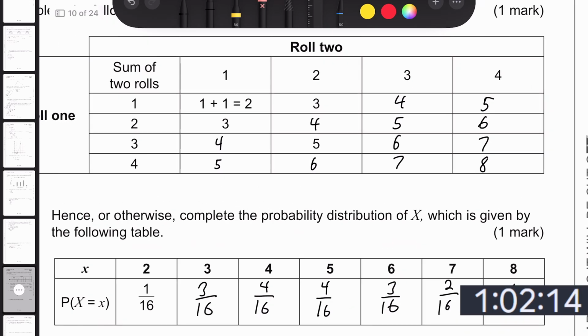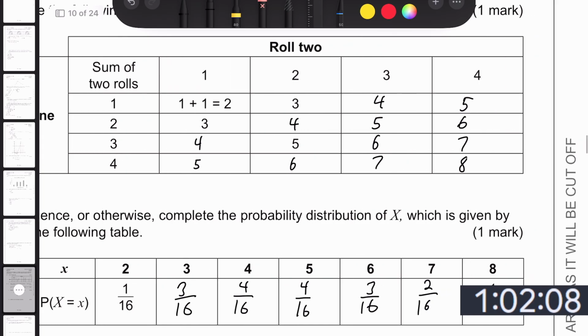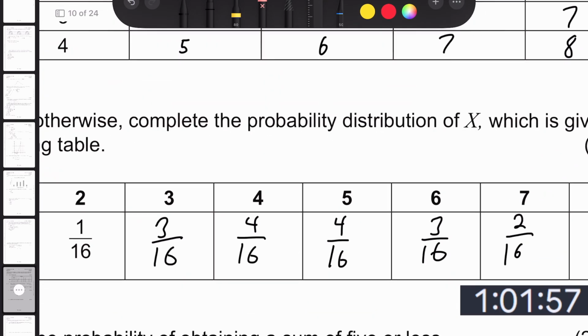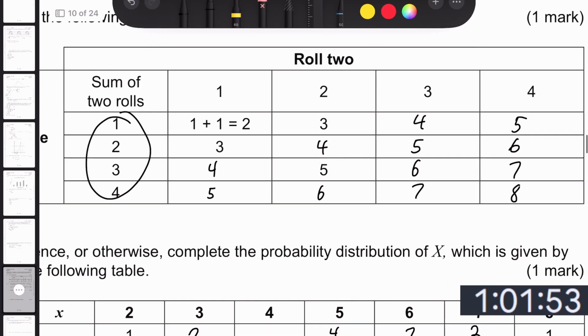What have I done wrong here? Oh, wait, I accidentally counted this row when I was counting.